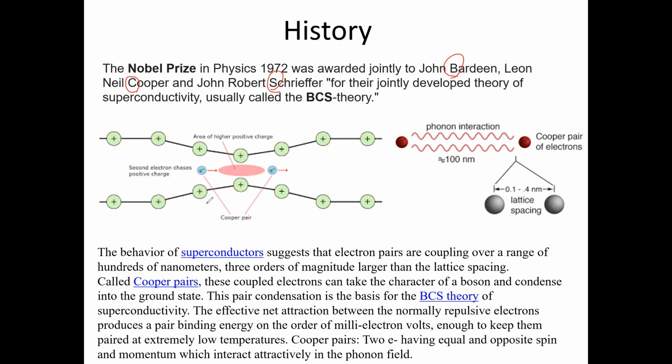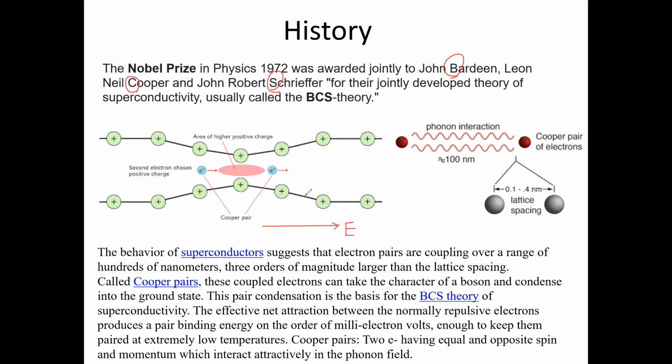The theory said, look at this electron. If you apply an electric field, let's say this is 0, this is positive, so the electric field goes this way.